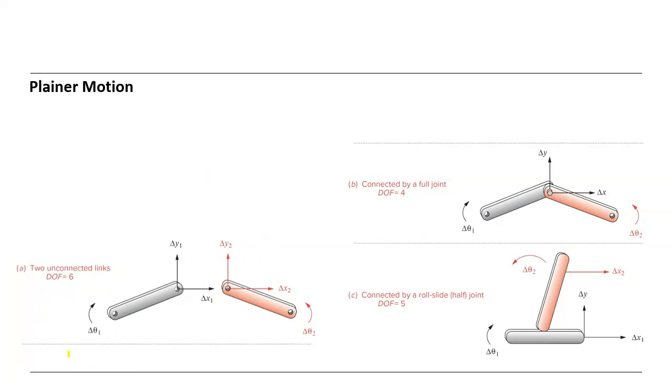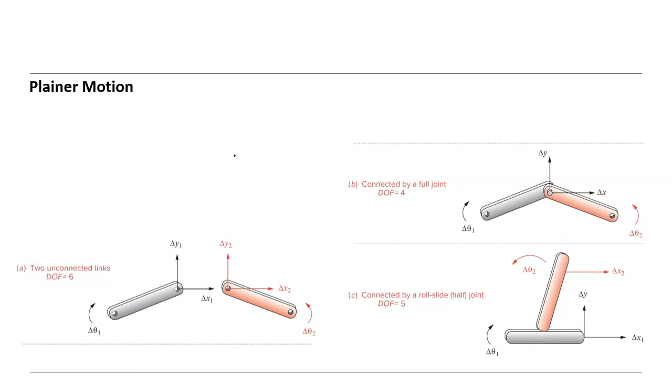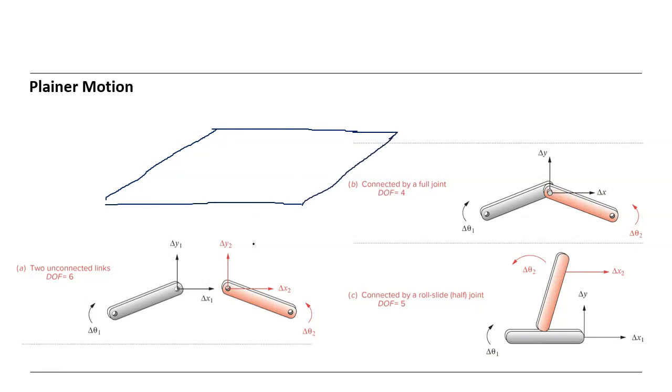We can describe the planar motion like this: it occurs on a plane. Oh, no, I change it. So, on a plane. This is our plane, let's say. I said we will use the geometry, and our lesson involves very much the geometry.